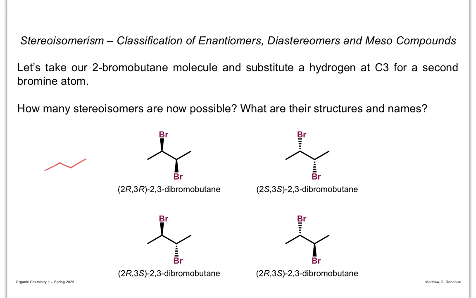So here they are using the wedges and dashes. Both bromines are out towards you. Both bromines are away. One toward, one back, one toward. Now, look at all four and pay attention to the names.